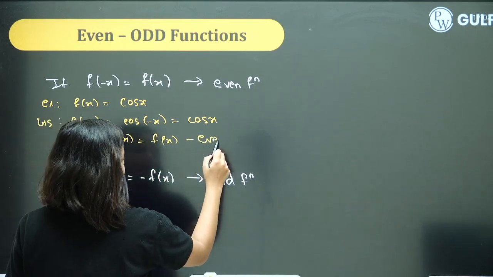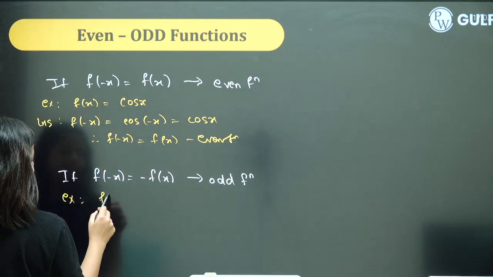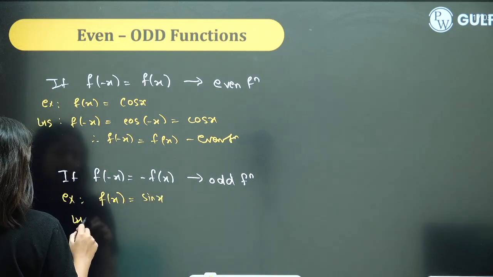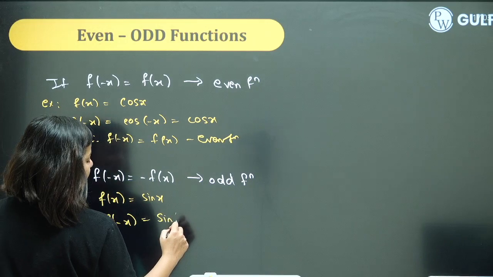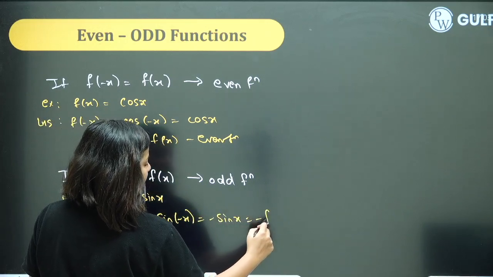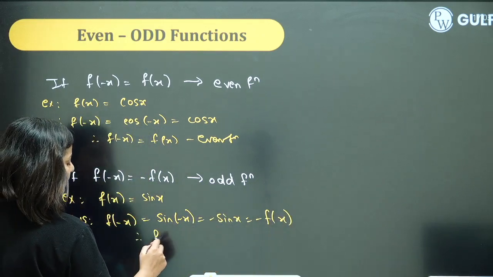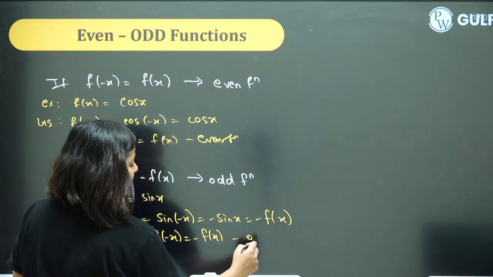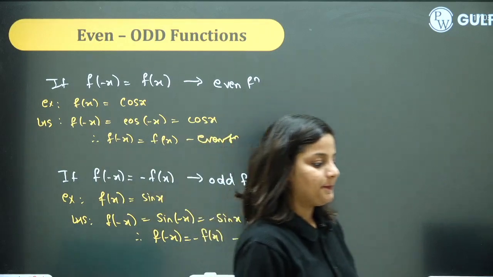We will declare cos x an even function. But similarly, if I take the function to be sin x, what's the LHS? f of minus x is sin of minus x. The minus can come out, and f of x is sin x. We are getting f of minus x equal to minus f of x. That makes it an odd function.